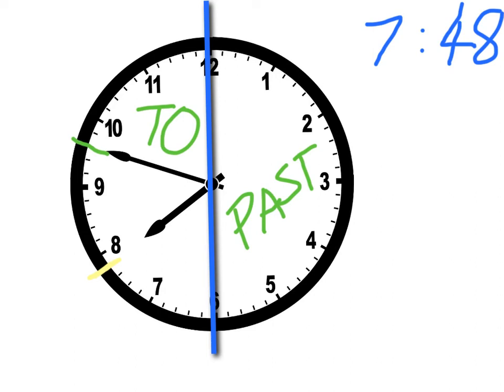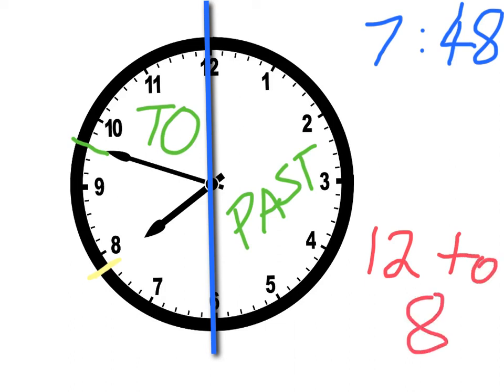And the other way of saying that is 12 to 8. Now that sounds completely different to 7:48, but these two ways of saying the time are the same. 7:48 and 12 to 8, it is the same time on a clock.